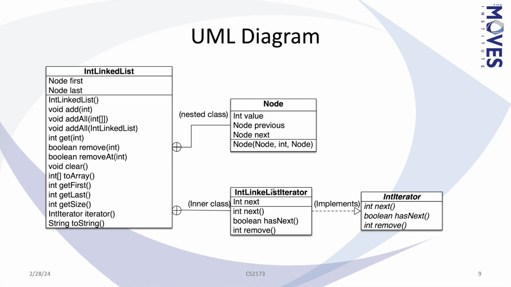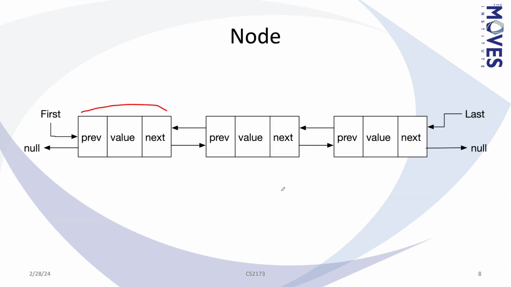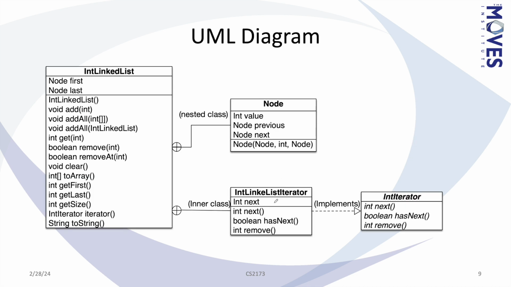Okay, this says int. I think I might have changed it to void, but anyway. Then I'm going to have an inner class I'll call int linked list iterator, and it's going to have an int that's sort of the next thing, and it's going to implement each of these three methods.